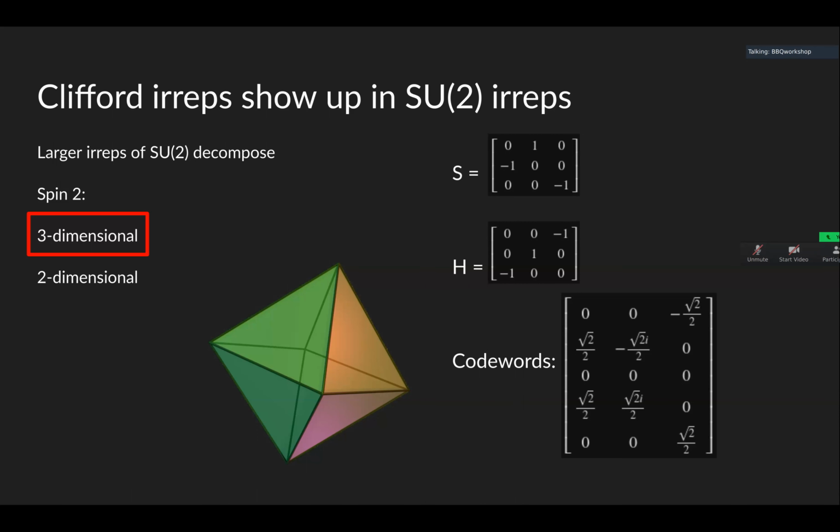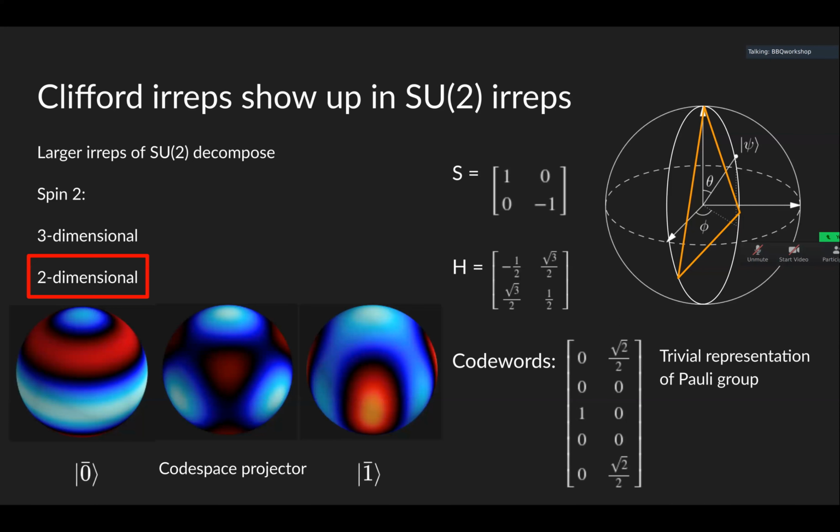This is just like the original 3-dimensional array that we had before, except if you look closely at these matrices, you'll notice they're determinant -1. So they're not only rotational symmetries of the octahedron, but they have extra reflections in there as well, which is kind of fun. And then there's this 2-dimensional orthogonal array, which if you think about it is acting on a qubit.